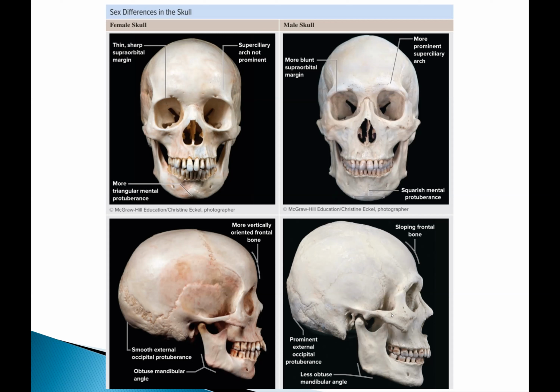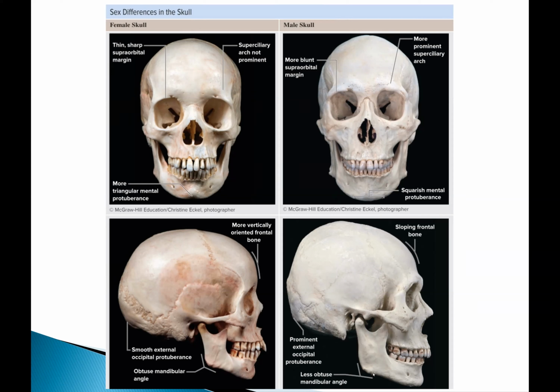It's like circular, whereas the female tends to be longer, elongated, and sloping a little bit. If you look at the frontal bone, it comes down more vertically for the female. It slopes at an angle for male. You have a more prominent occipital protuberance here.